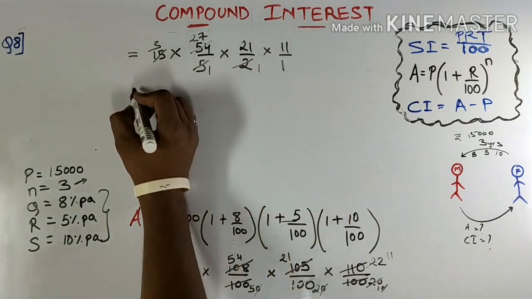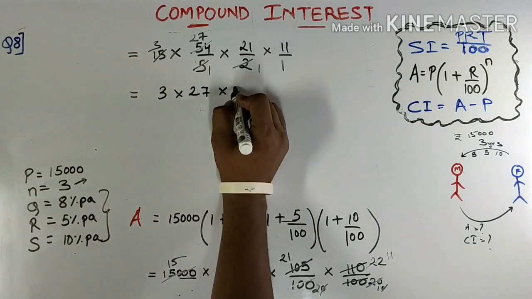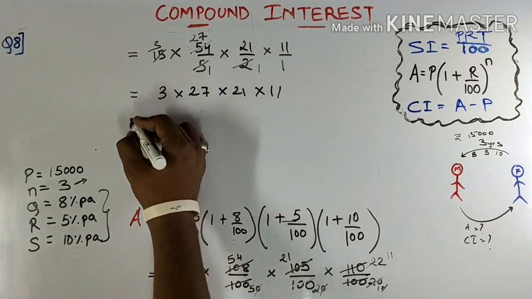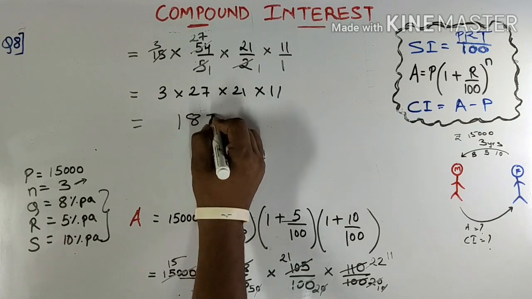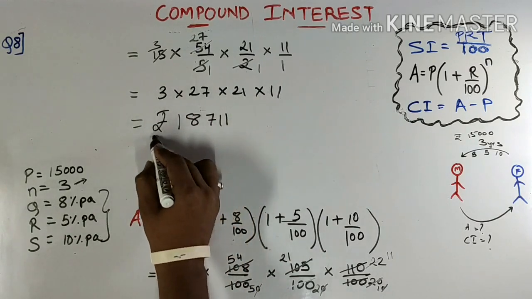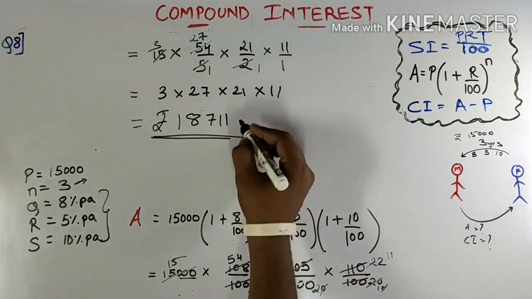So now we have only the numerators to multiply, that is 3 into 27 into 21 into 11. This is a comparatively simple multiplication than what this looked like, and the solution to this is 18,711 rupees.